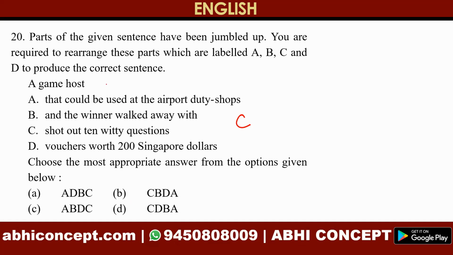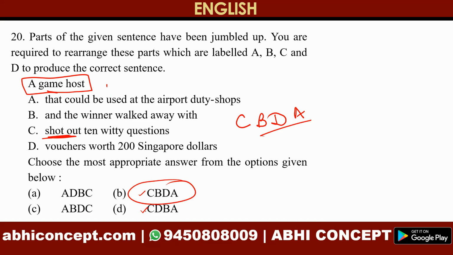Okay, so we have a game host. यहाँ पे हमारे पास ऑलरेडी सब्जेक्ट प्रेजेंट है, हम नेक्स्ट वर्ब ढूंढेंगे जिस सी में वर्ब है। ओके, सो या तो B सही है या D सही है। So a game host shot out 10 witty questions and the winner walked away with 10 vouchers worth 200 Singapore dollars that could be used at the airport duty shops. So CBDA is the right answer.